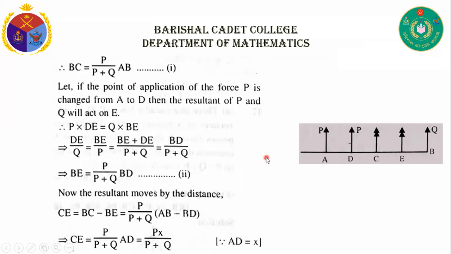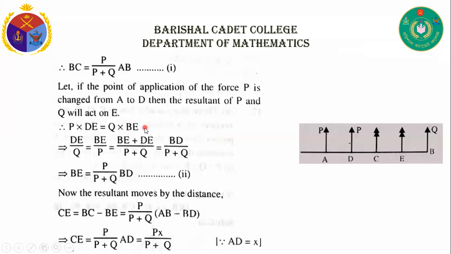And now P is moved from A to D. Then the action point of the resultant will move from C to E. So now we can write P × DE, where E is the resultant point, so P × DE = Q × BE.